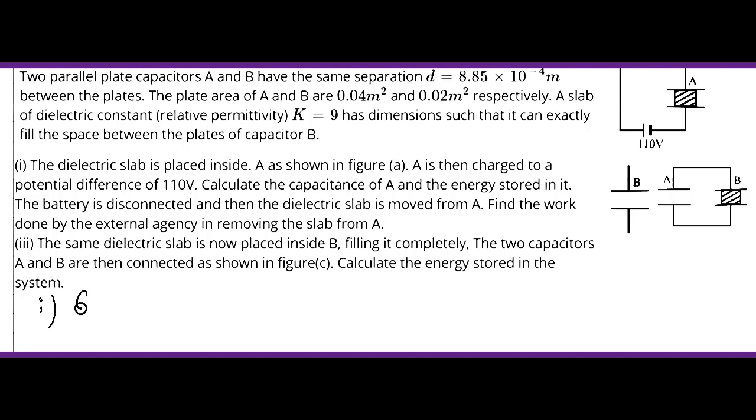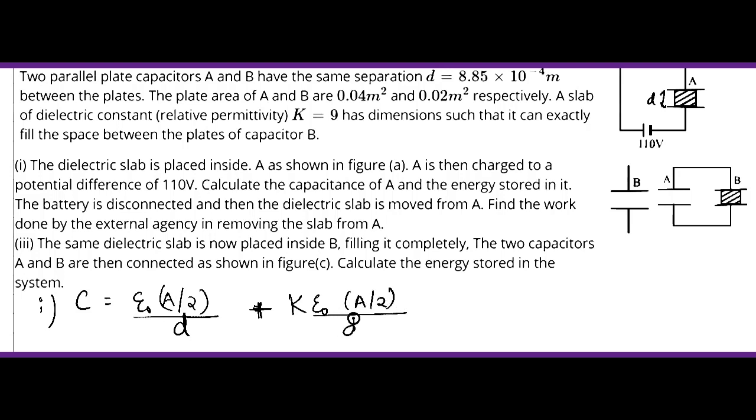Since the slab has exactly half the area of A, the capacitance would be equal to epsilon naught times A by 2 by D, that is the empty area, which is A by 2, with the distance D itself, plus the capacitance of the part where the dielectric is placed, that is K times epsilon naught A by 2 by D.